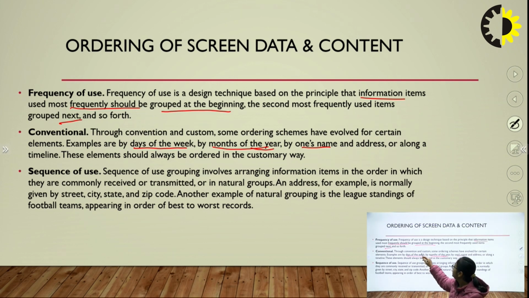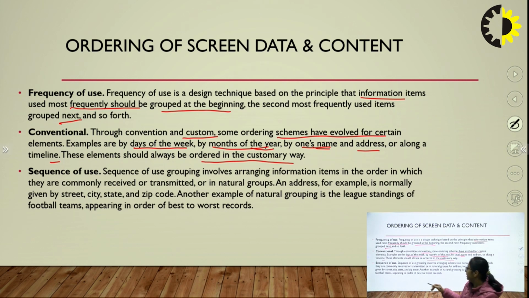Through convention and custom, some ordering schemes have evolved for certain elements like the date, the day, the month and the year, or by name, address along with its time. These elements should be ordered in a customary way so that it is convenient for every user.